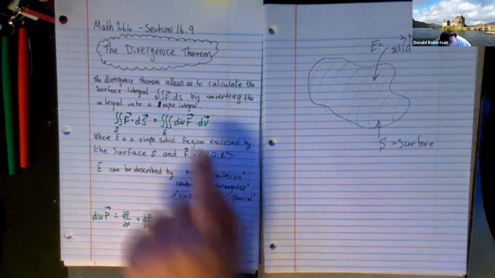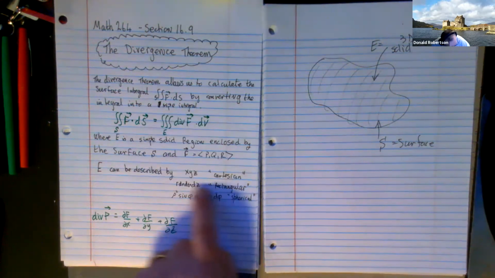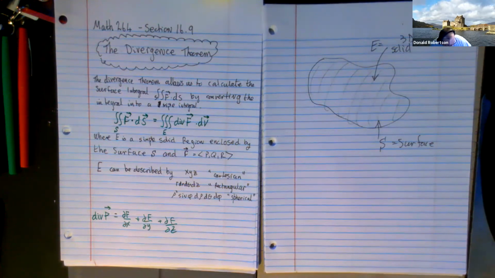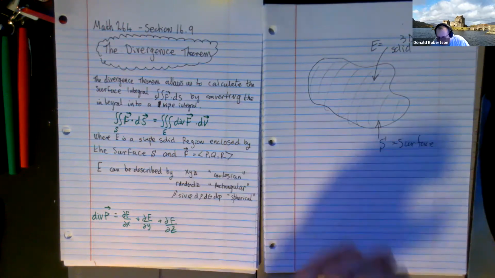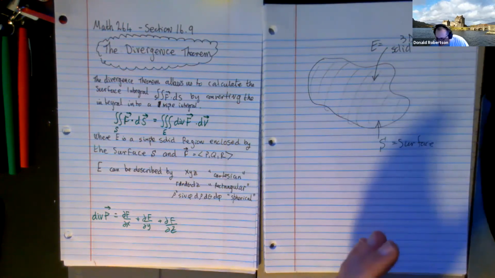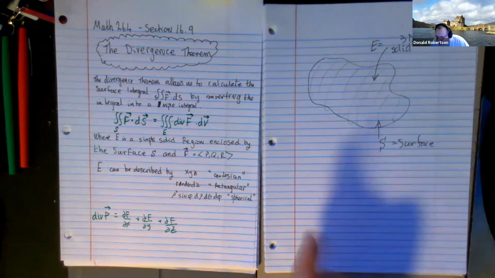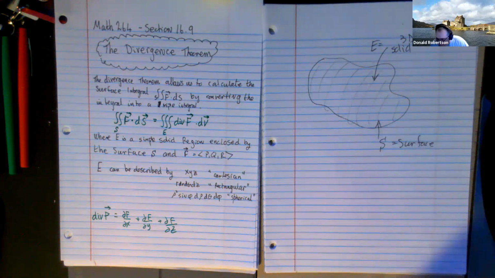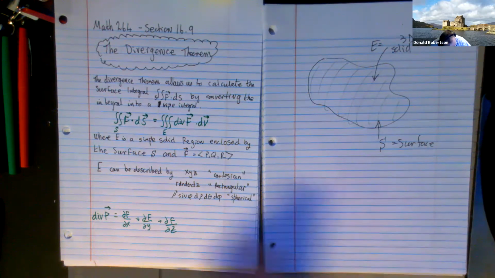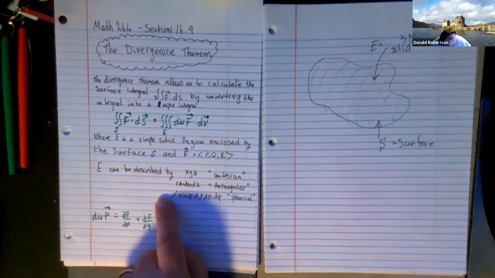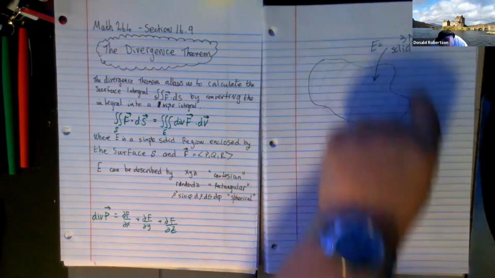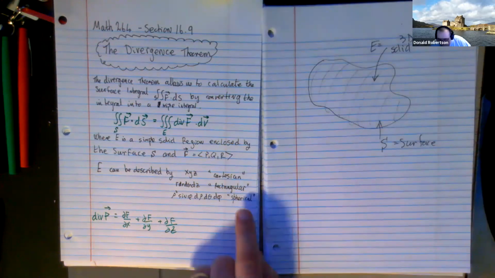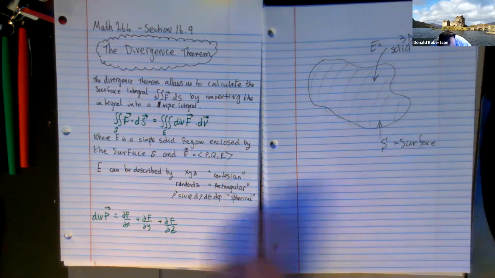Sometimes the triple integral is easier to do if you think of it as cylindrical. You remember cylindrical is a bit like the polar in 3D, right? X is r cos theta, y is r sin theta, and z is just z. Remember that one? That's called the cylindrical coordinate system. And sometimes you use this really ugly one, but it can be useful. If the solid region has anything to do with a sphere, you're going to go spherical.